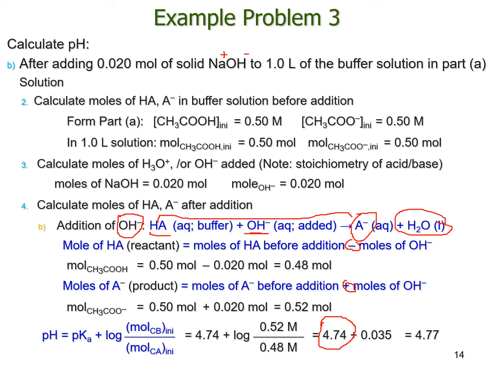We only see a difference of 0.03 units of pH, meaning pH is virtually unchanged. So this is what a buffer solution is. Although the pH is still going to change, but not that much. And that is essential for us to keep a relatively stable pH for a lot of biological activities.